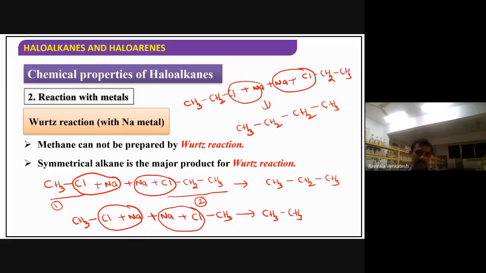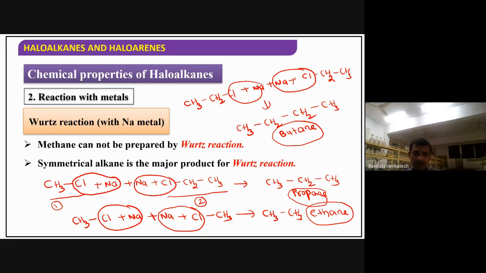That means if I take chloromethane and chloroethane, how many types of products are possible? Butane is possible, propane is possible, and ethane is also possible. So we will get 3 products, isn't it?